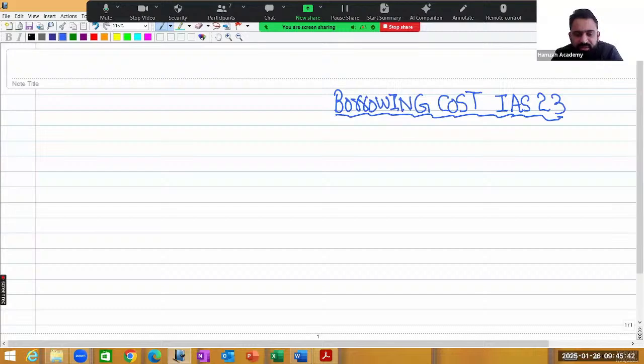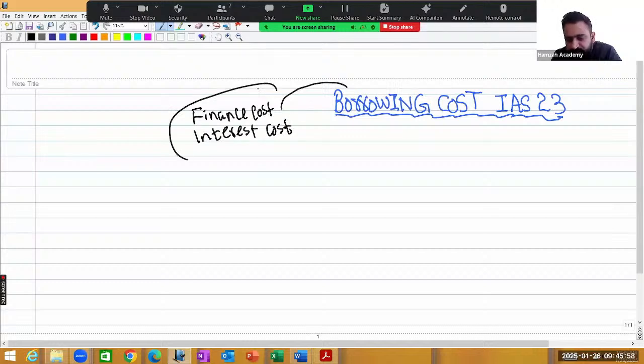Borrowing cost means finance cost. It is known as interest cost. Finance cost, interest cost, borrowing cost are similar.